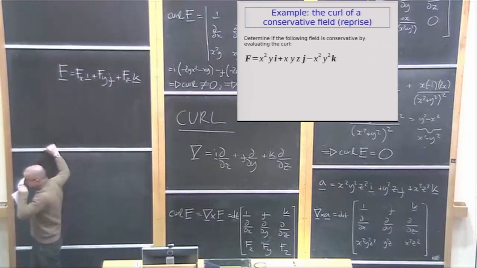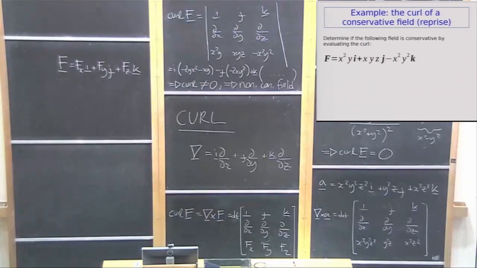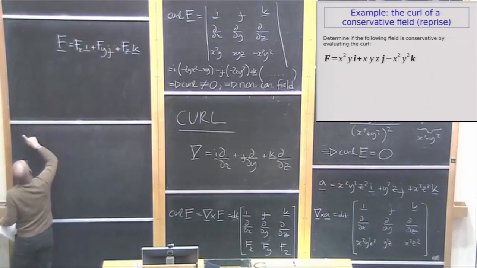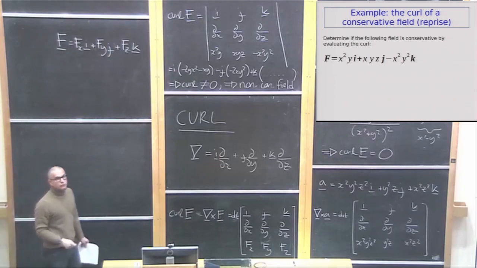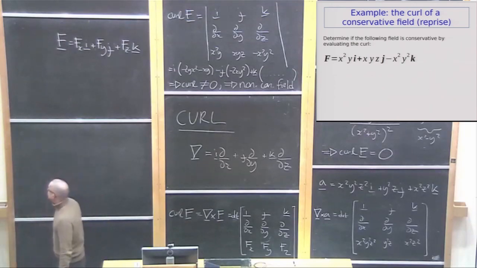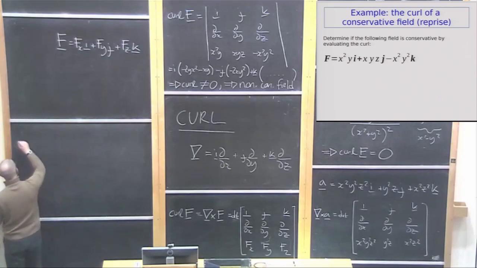You will not be expected to remember what the curl is in other coordinate systems, but I've made a fairly big point earlier on in the course about the fact that if you can visualize the scale factors for your different coordinate systems, then you can use those to work out what the operators are in different coordinate systems.